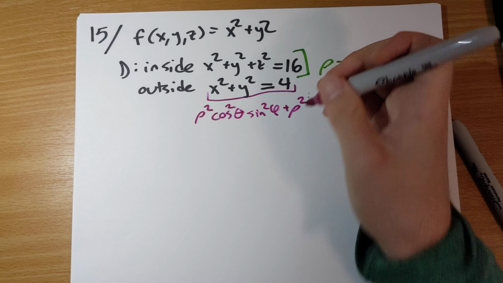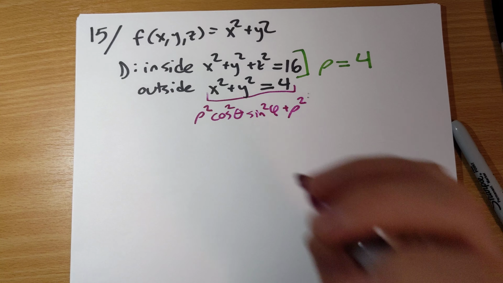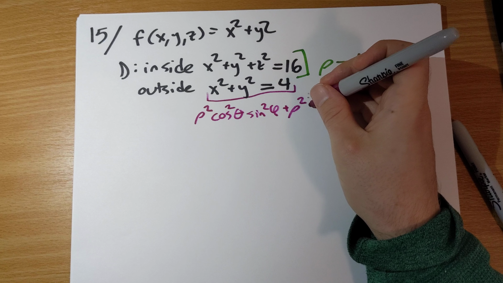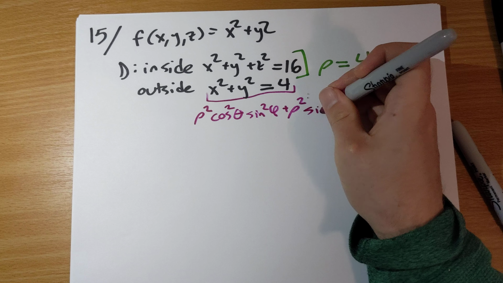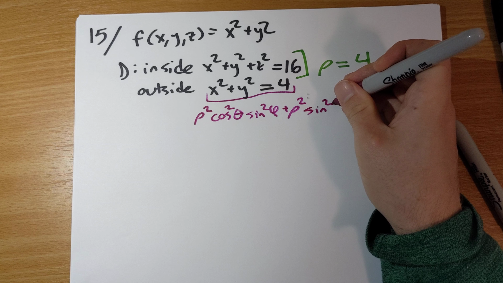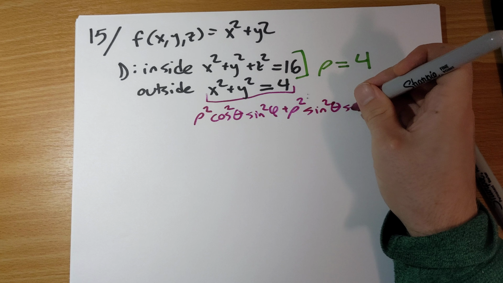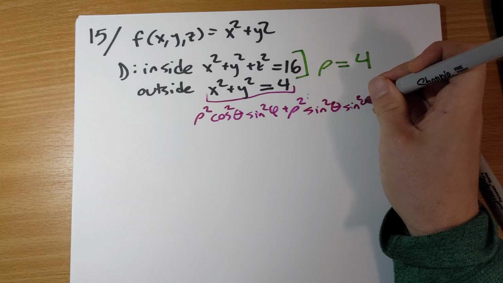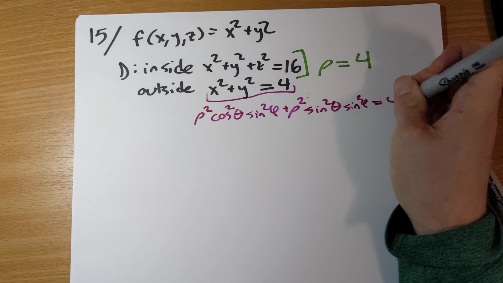Y is going to be rho sine theta sine phi, so y squared would be rho squared sine squared theta times sine squared phi is equal to 4.